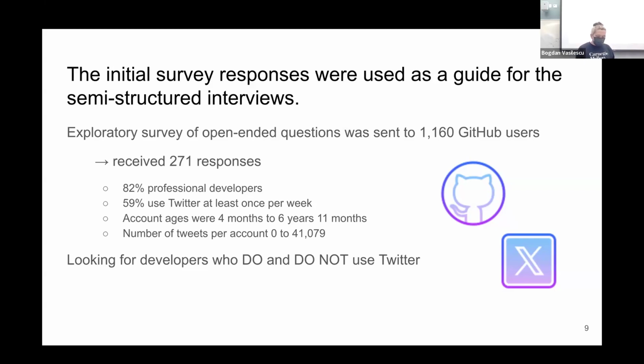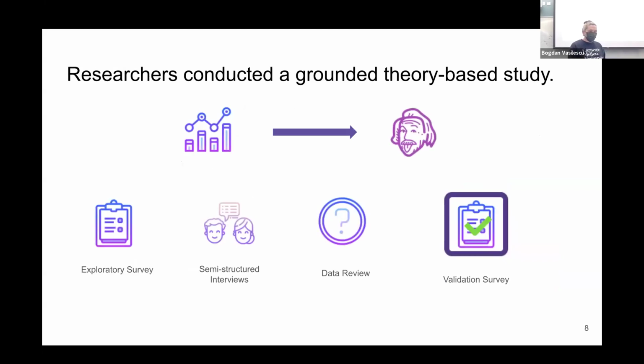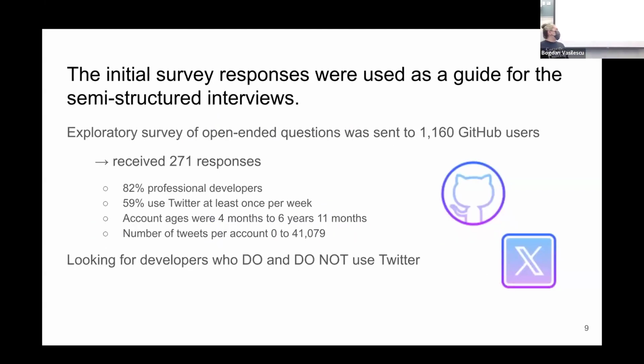My understanding, I actually looked for this specifically because there was some wording in two different parts of the paper that made me think that they had developed the research questions after, but I actually think that they developed the research questions prior, and then they just used the data from the exploratory survey and then the interview to actually try to answer those questions. So like come up with theories for the answers to the research questions, and then did the validation survey to actually validate that. That's how I read that. I mean, the questions can also evolve through the process. Yeah, 100%.